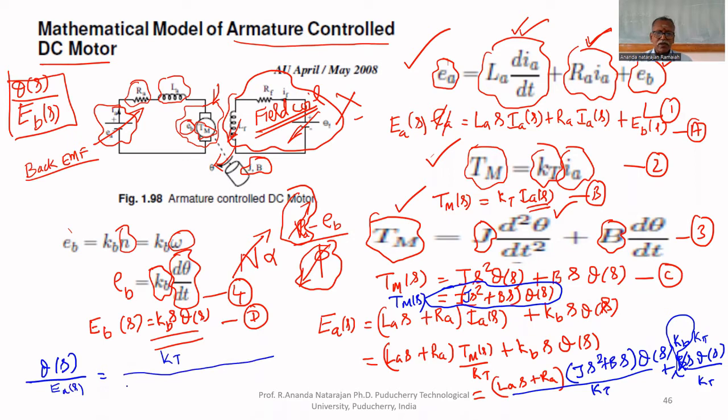In the denominator, you will get LAS plus RA multiplied by JS square plus BS, plus KB KT S. That's all. So this is the transfer function model of the given system.